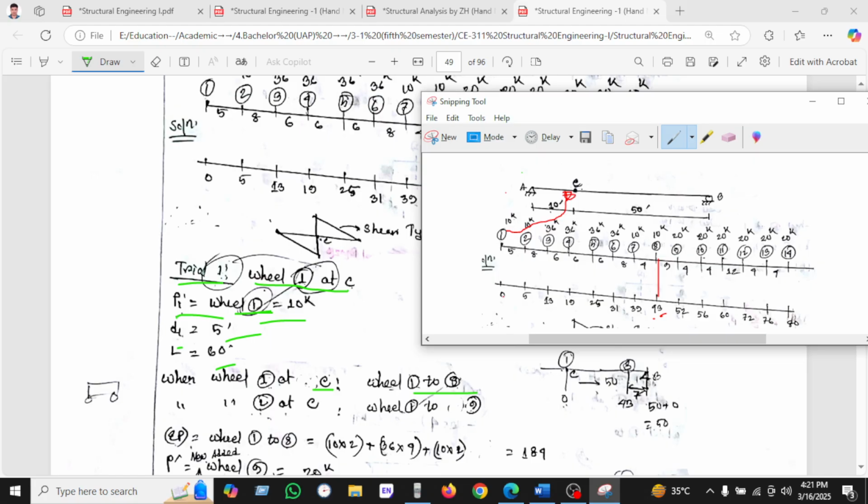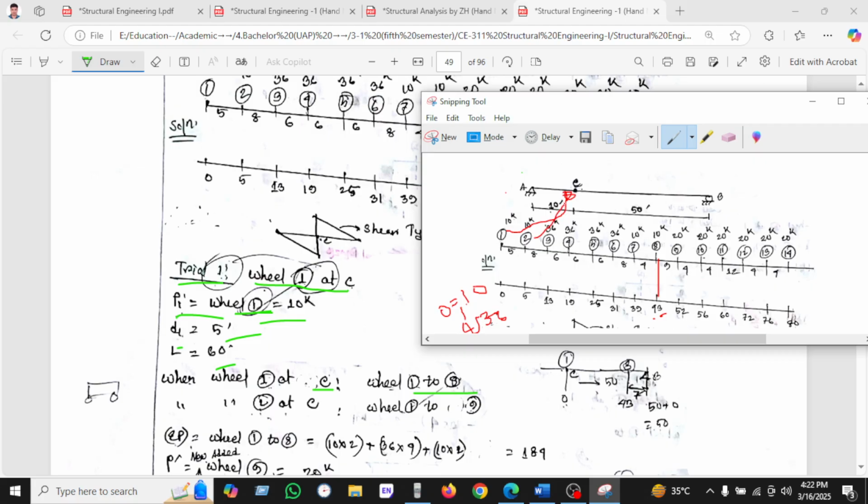If we want to set wheel 3 here, then if we say 0 equal to 10, then what will 43 be? 43 will be 53.